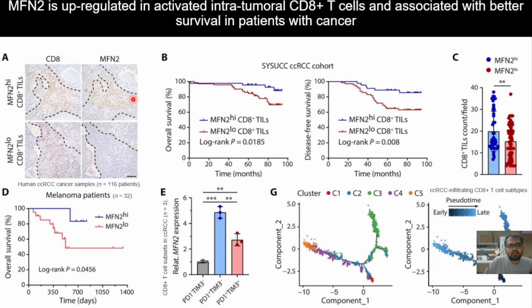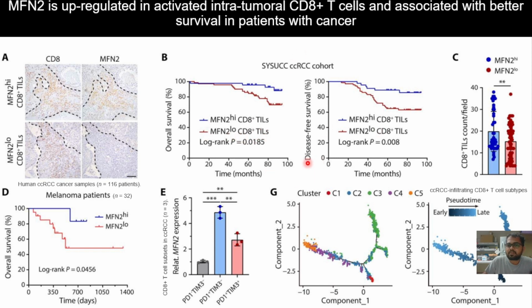They also did IHC staining for CD8 tumor infiltrating T cells and MFN2 expression, and what they found is that in the samples in which high MFN2 is expressed in CD8 T cells, these patients have greater overall survival compared to patients with low MFN2 in their CD8 tumor infiltrating lymphocytes, TILs.